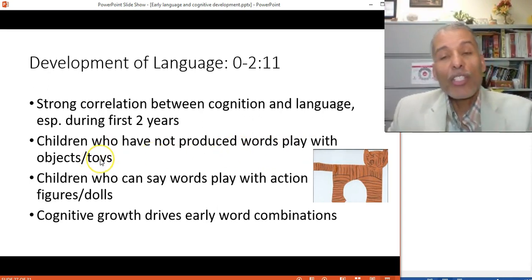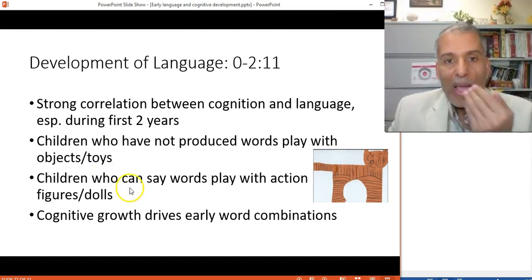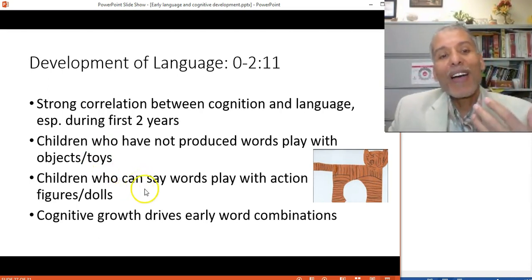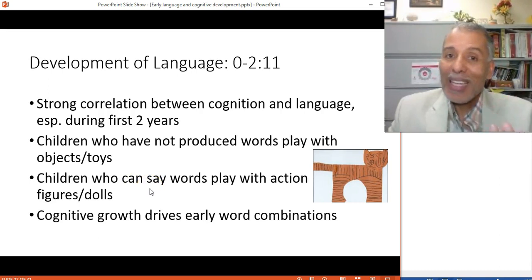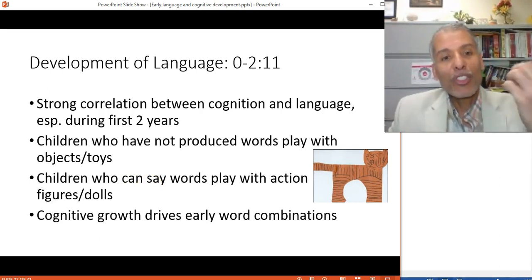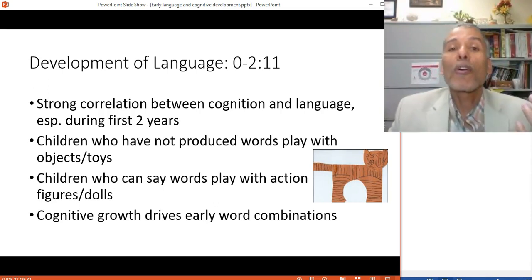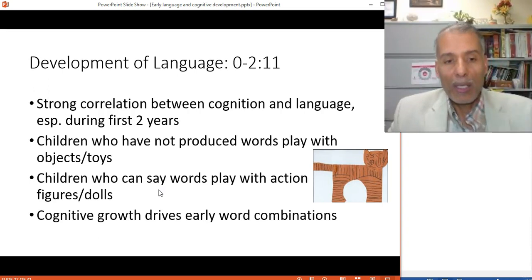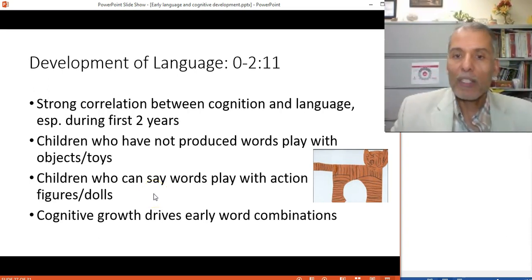This is going to teach them nouns. When they start to understand verbs, they start to think action, they start to think play. And this is why when children become verbal and they play, they learn verbs. Do, go, and they learn verbs through play, and they use more action words. Action figures and dolls and things like that can facilitate the learning of words.